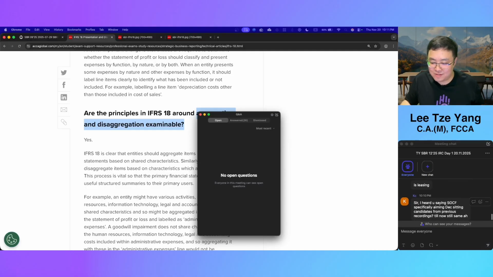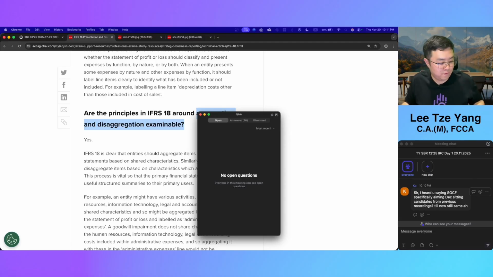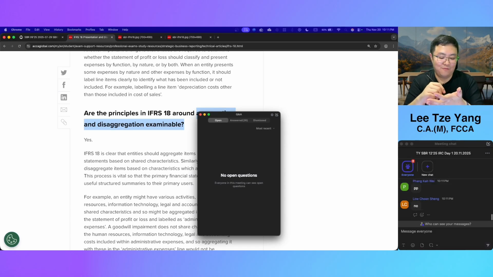Now, everyone, I want to ask you this question. If I collect rental from my staff for staff accommodation, is that investment property or PPE? Everyone, answer this question. Okay, majority of you are right.